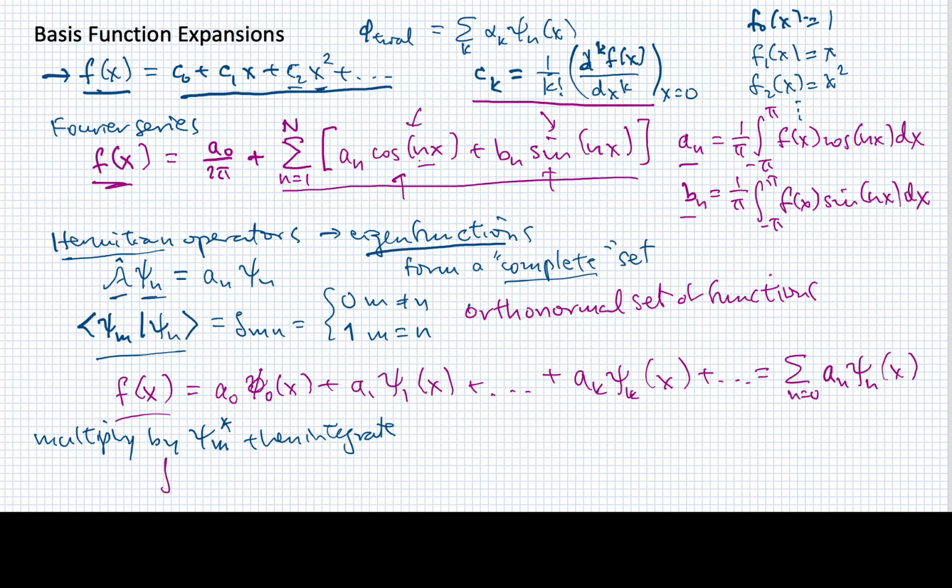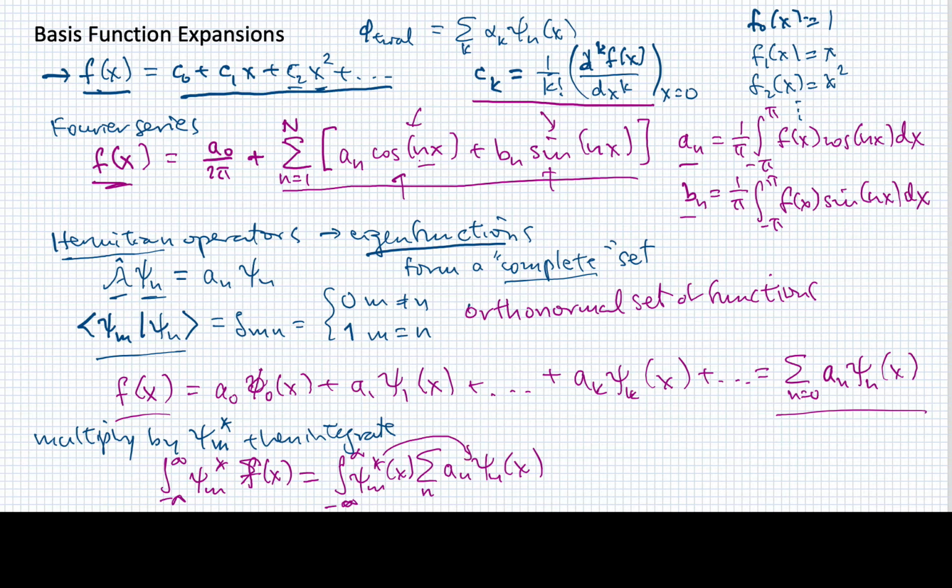We would have integration over all space, psi m star times f of x is equal to, and then I'm going to use this sum over on the other side, so I'll have the integral psi m star of x, and now I can bring this inside and write this as the sum a sub n of these integrals.